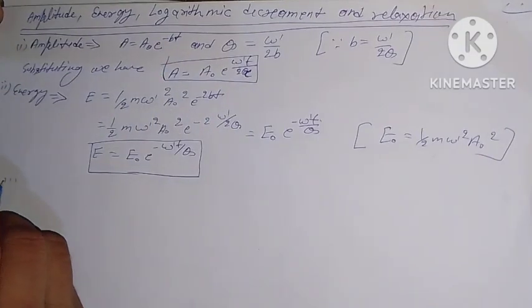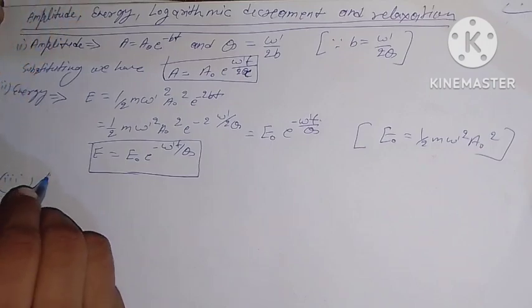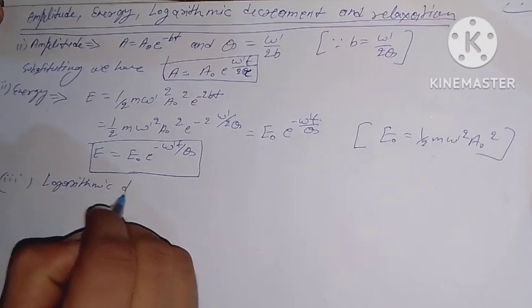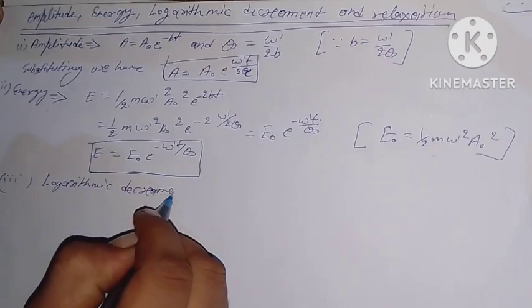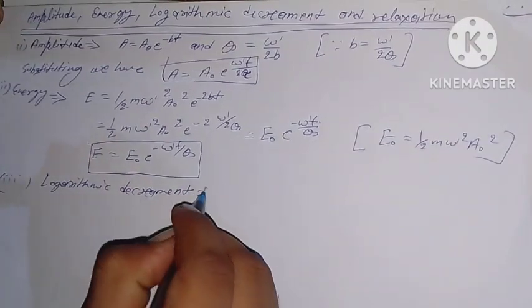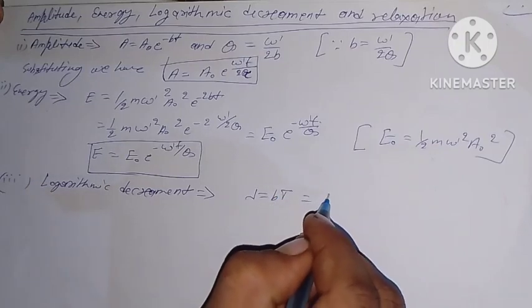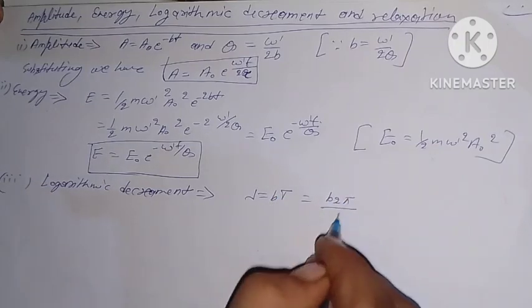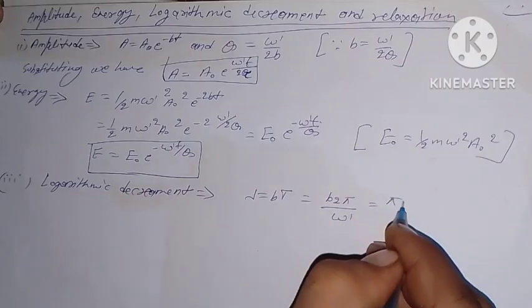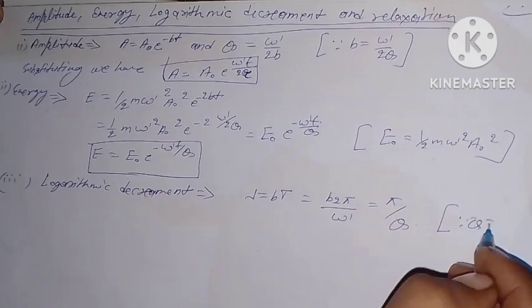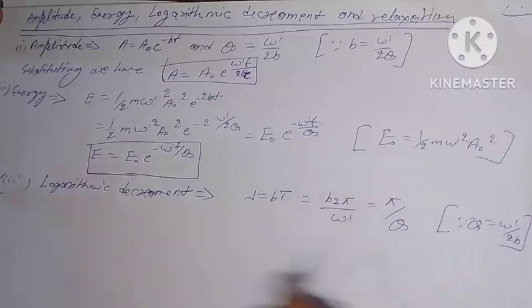Third point, logarithmic decrement. Lambda equal to bT, that is b times 2 pi upon omega dash, that is pi upon Q. But Q equal to omega dash upon 2b.